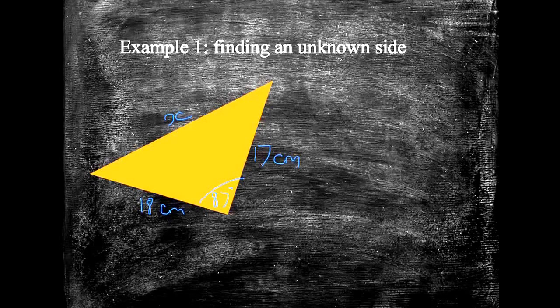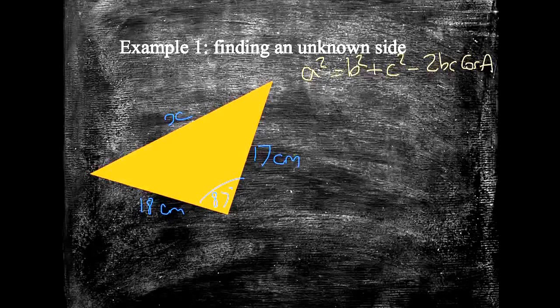I'm going to go straight ahead and start to use my cosine rule. Again, I'm given this, so you don't have to learn this version. It says a squared equals b squared plus c squared minus 2bc cos A. That's all well and good, but I've got to label up my triangle. It's really important this time that we label it up carefully.